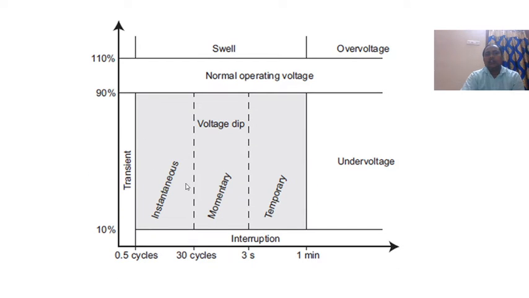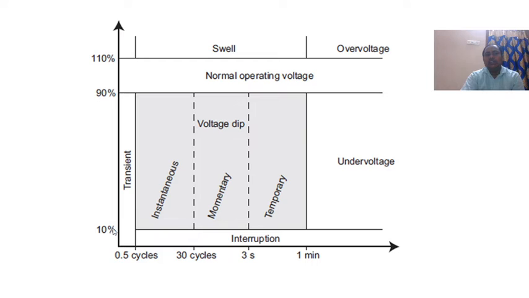This is another type of classification. The transients will be classified into instantaneous transients, momentary transients and temporary transients. Instantaneous means before 0.5 cycles, before 3 seconds is momentary, before 1 minute we will call temporary.